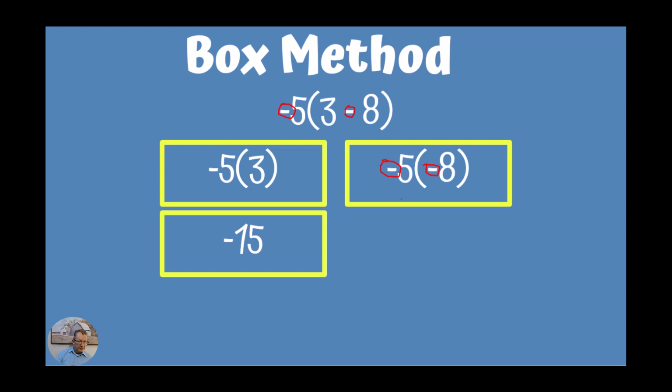Next one here, we've got 2 negatives. What's a negative times a negative? That's right, a negative times a negative is a positive. And what's 5 times 8? Perfect, it's 40. Now, what are we doing with this negative 15 and 40? That's right, we're combining.